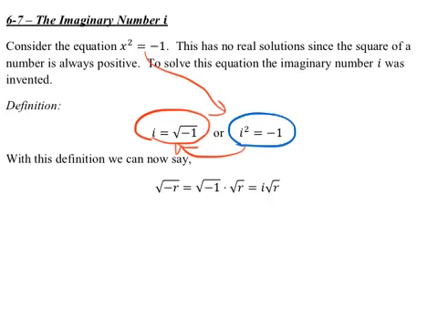So what we're pretty much saying is the following. We're saying that if we have the square root of a negative quantity, we break it up into the square root of negative 1 and that positive quantity. So again, if this were the square root of negative 5, this would be the square root of negative 1 times the square root of positive 5. You always break it up, you take the negative 1 out pretty much.